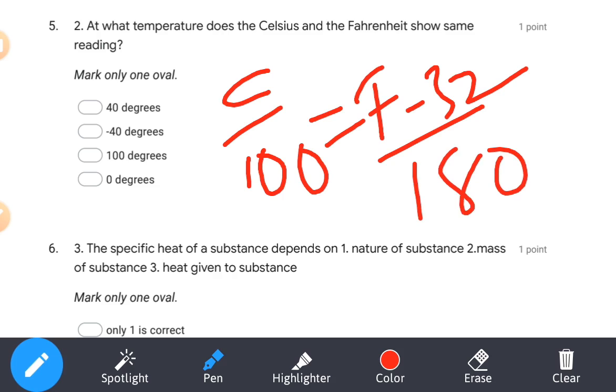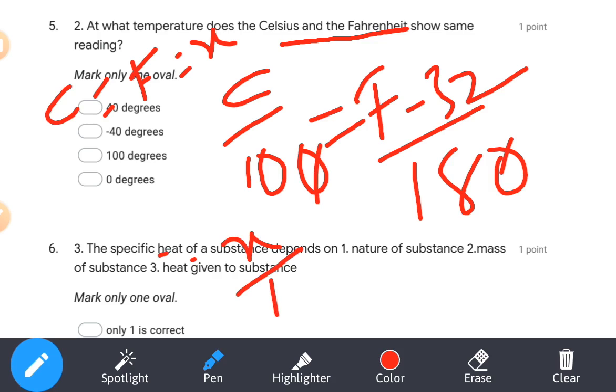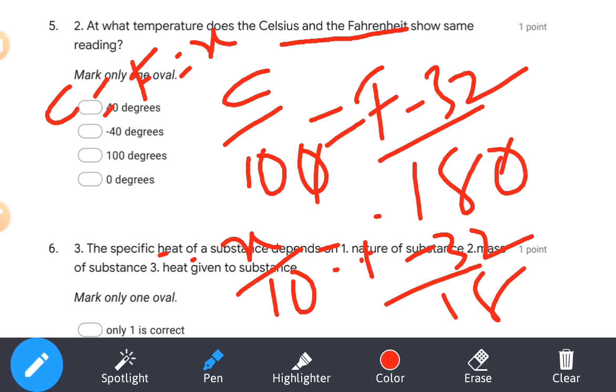Here they said that C and F are the same, so I will take C equals F equals x. The zeros get cancelled. So here I will write x by 10 is equal to F minus 32 by 18. It also gets cancelled: 2 5s are 10, 2 9s are 18. I just do the crisscross method.